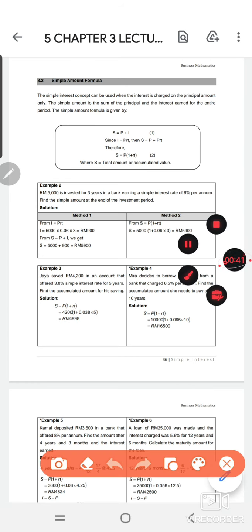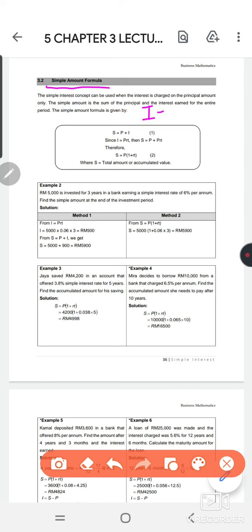Okay, so here I want to explain the simple amount formula. Before this, we had learned about interest, where the formula of interest is I equals to PRT. For a simple example, let's say you borrow money, P equals to 100, and when you calculate, your interest is equals to RM20.